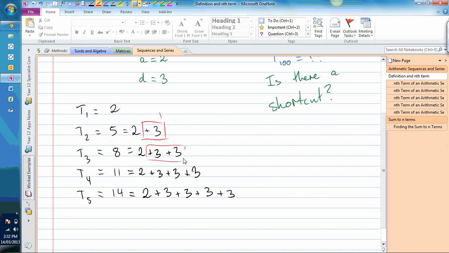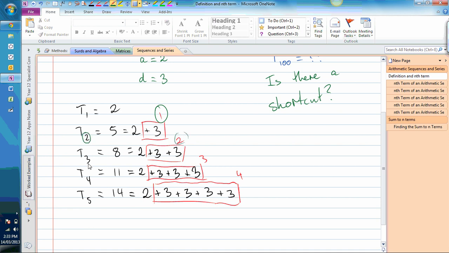In the third term, I've added two 3s on. In the fourth term, I've added three 3s, and so on. And what I'm going to look for is a link between the number of 3s that I've added on and the number of the term.